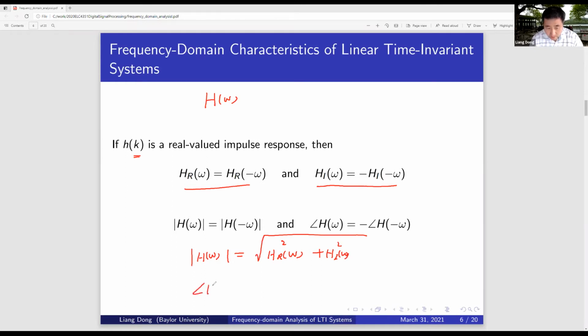And then the angle of H of omega is equal to arctangent of H_i over H_r. Okay, and therefore we can easily prove and follow these symmetric properties.